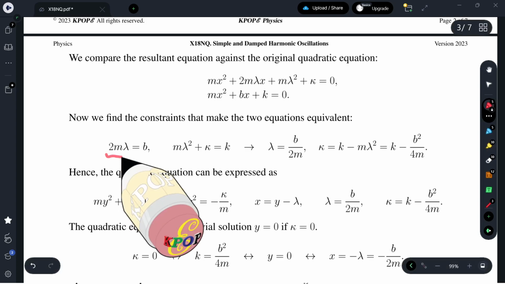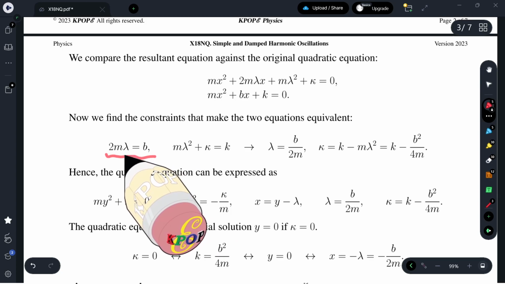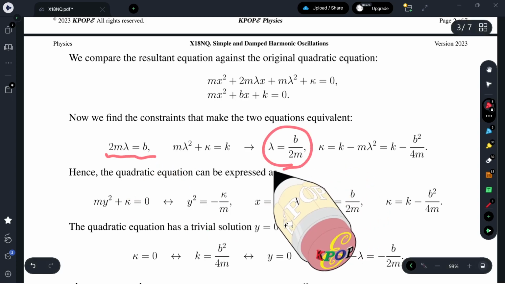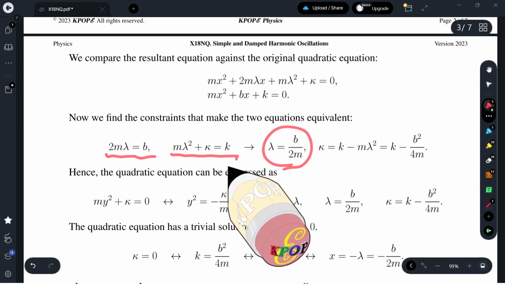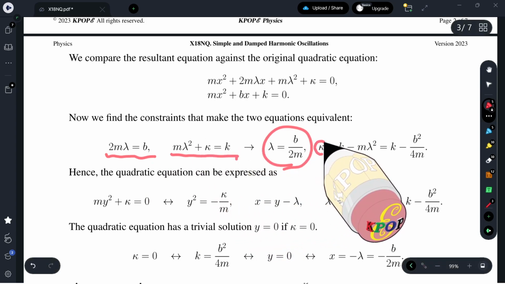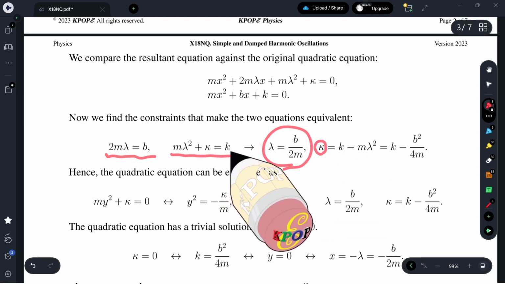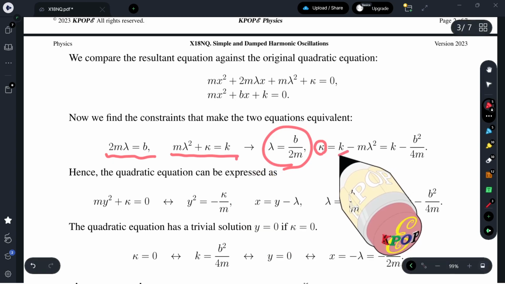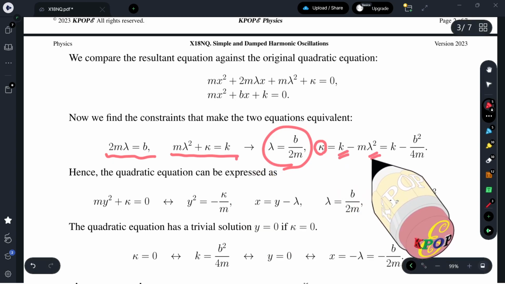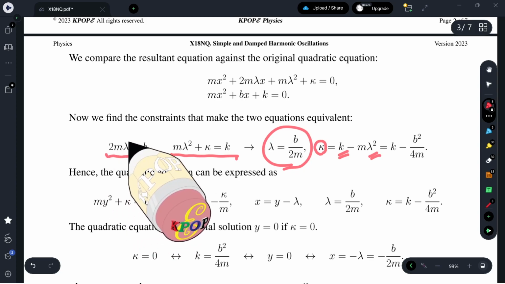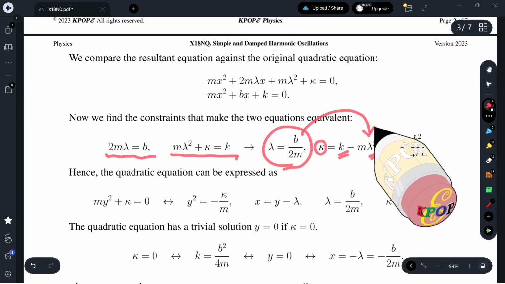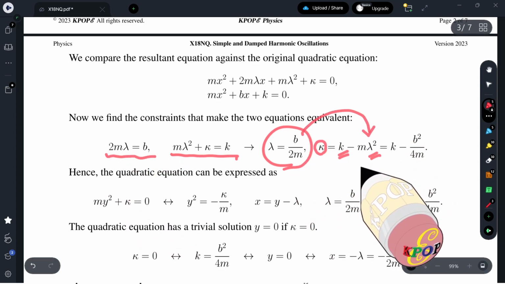Okay, we determined lambda to be b over 2m, and from this equation I can determine kappa as a linear combination of k and lambda squared, and actually lambda is already determined like this, so I can substitute in here.